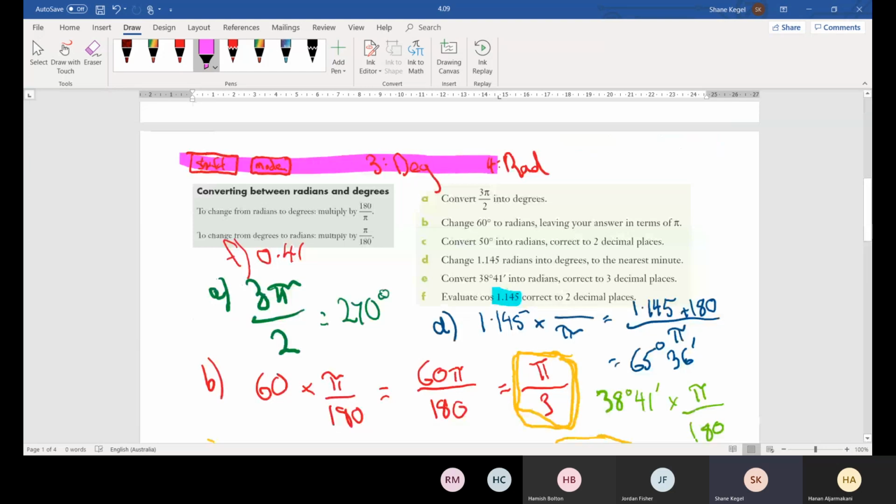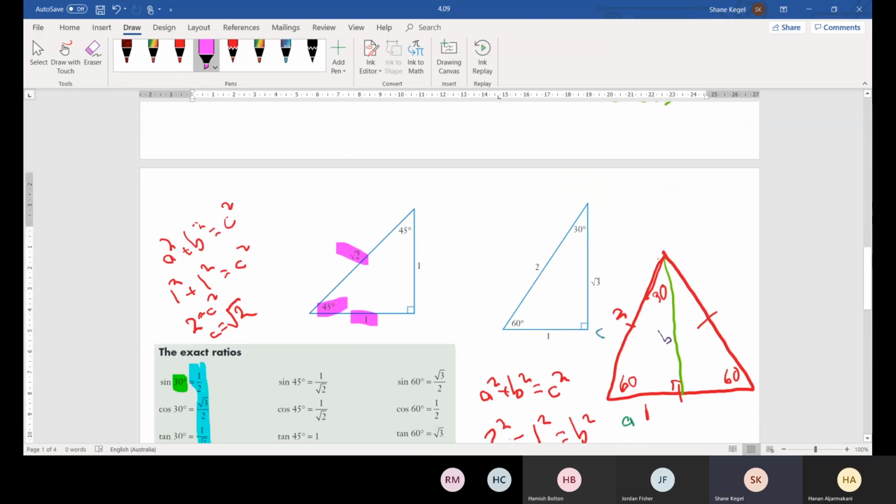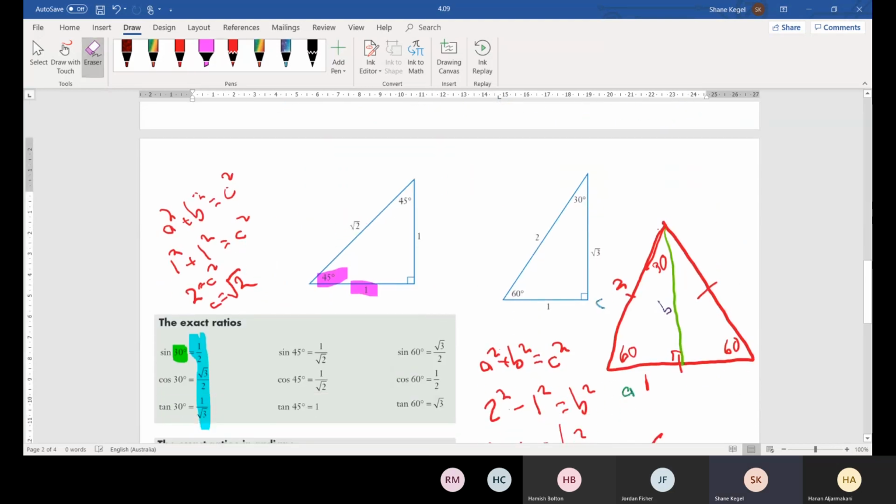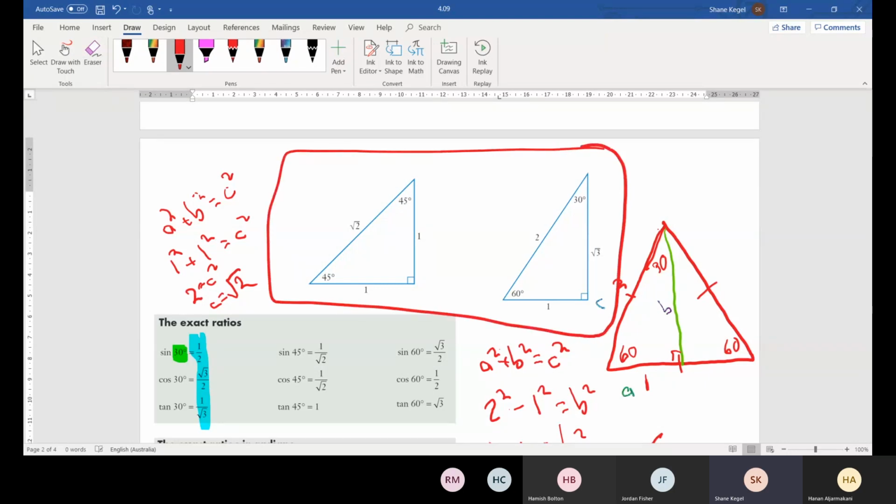Ensure you're in the right mode, whether you're working with degrees or radians. Also remember that you have your triangles on your reference sheet, and potentially remember where those triangles come from in case you don't have them supplied. But at least in the HSC, you will have that supplied for you.